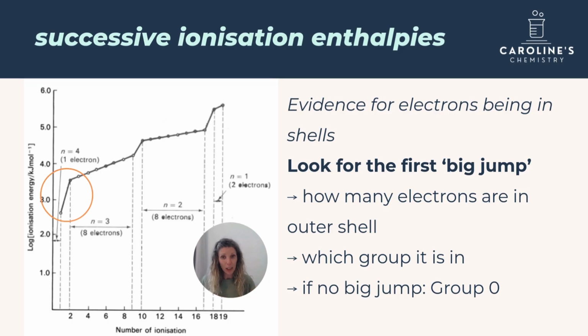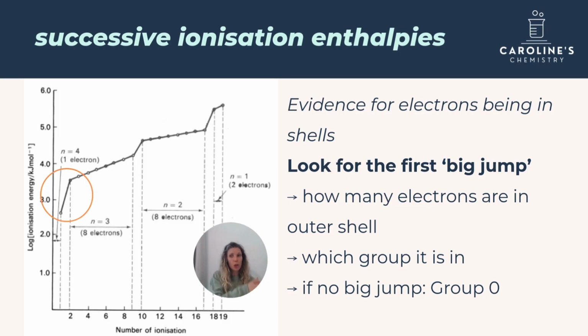Now that tells us which group it's in, because if it is one electron that is in the outer shell, the next electron in the next closest shell has a greater attraction to it because it's much closer to the nucleus. So that big jump tells us in this case that this is a group 1 element.